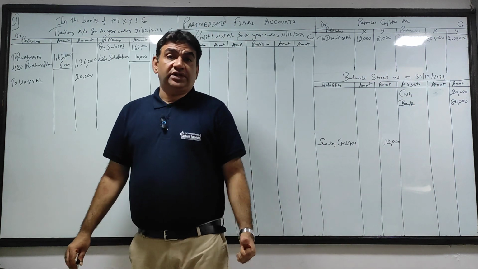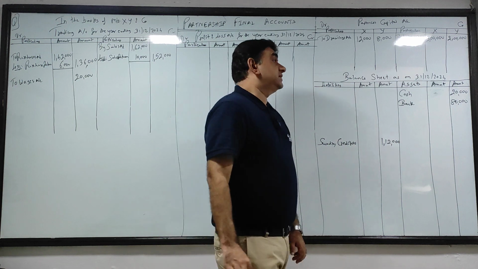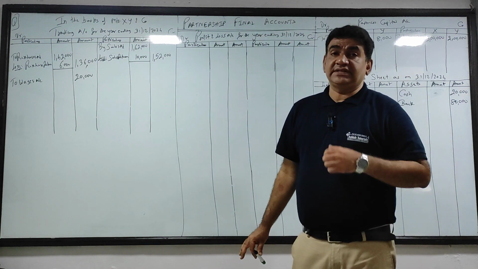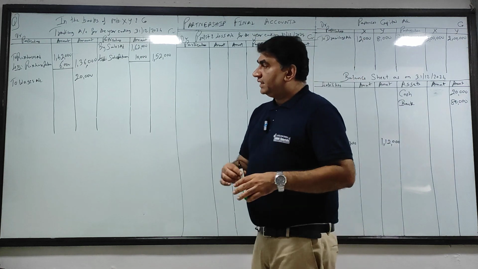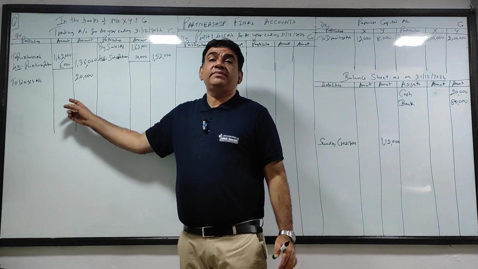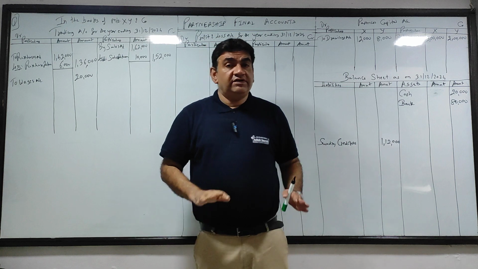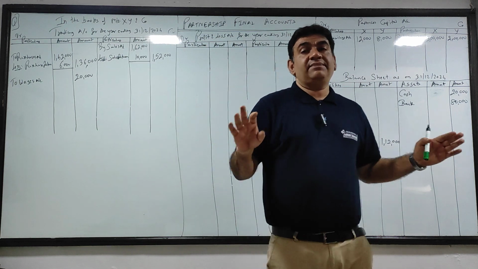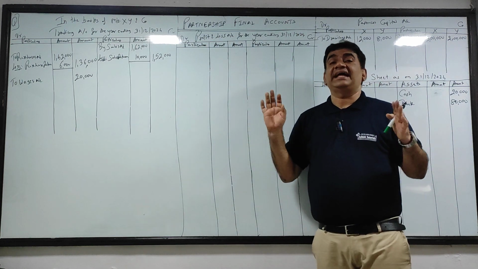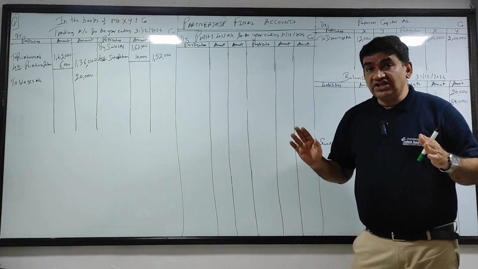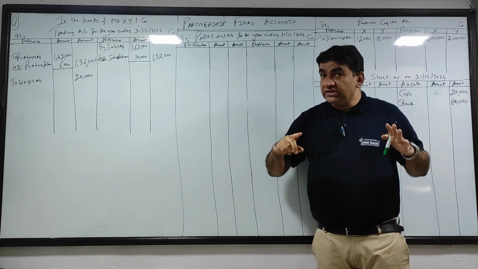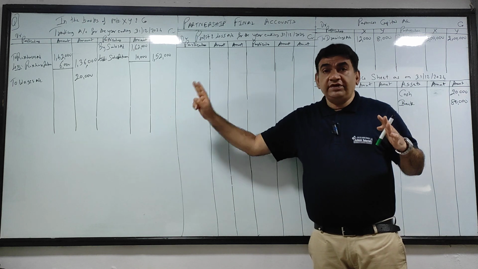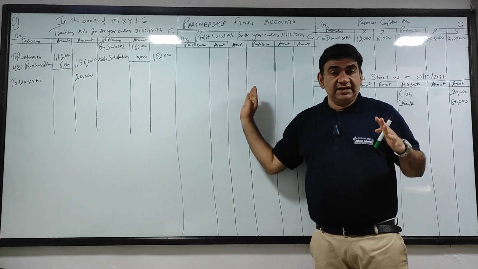Next, insurance. Now be careful guys. Insurance is a business expense. If they give you factory insurance, then it is a direct expense, it will be debited to P&L. But when they give you only insurance, that means it is related to office and indirect expense. So because it is an indirect expense, we will debit P&L. But I told you in the starting, gross profit or gross loss comes in P&L.